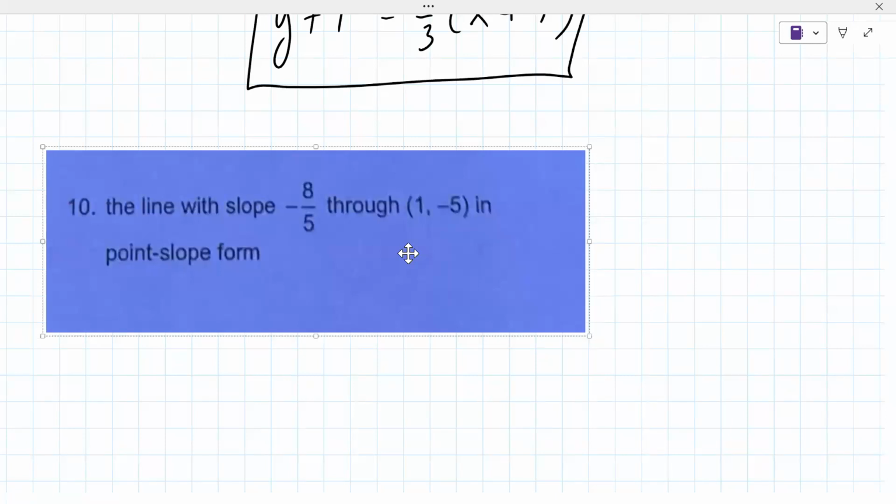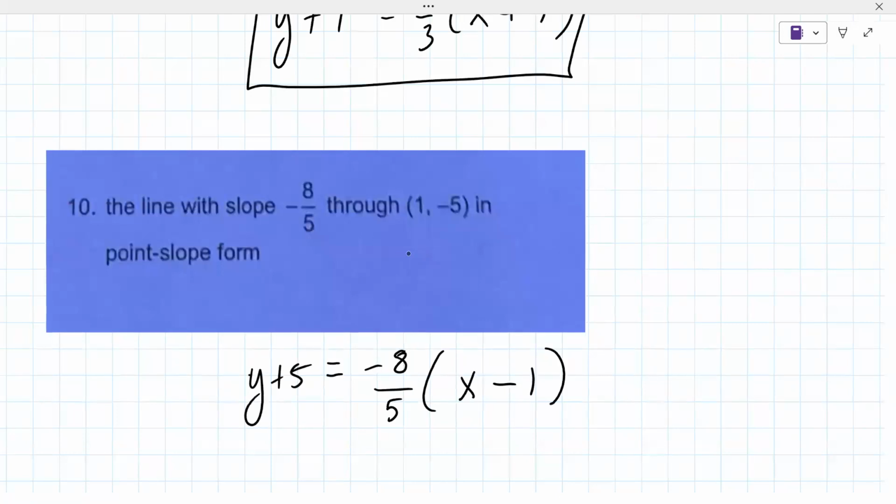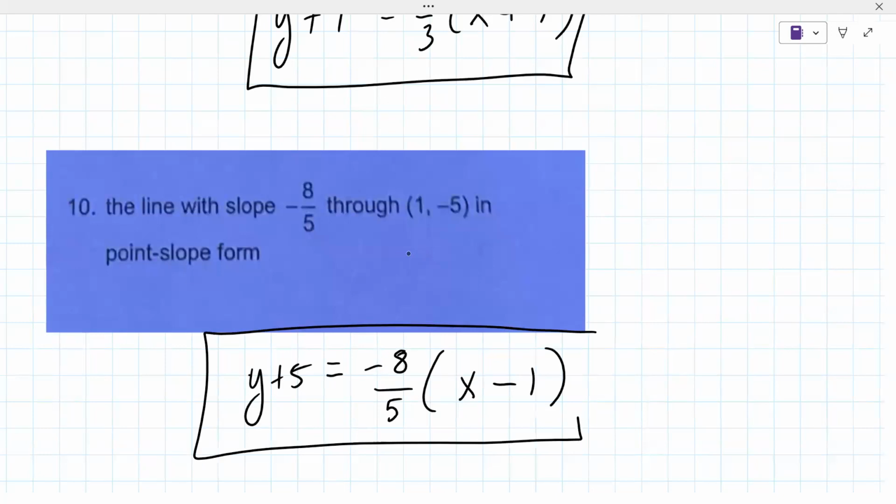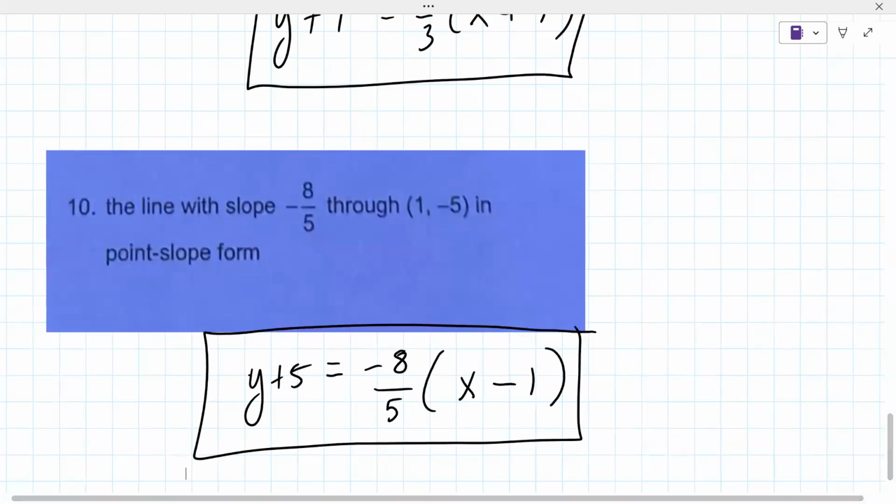I have y plus 5 equals -8/5 in parentheses x minus 1. Perfect. That is correct. Yay.